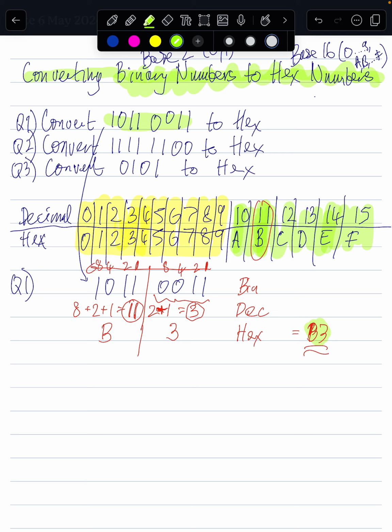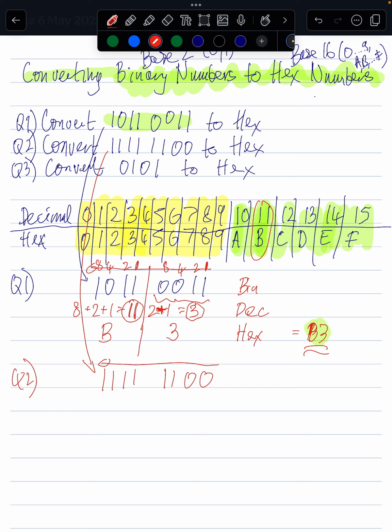Okay, so let us do question 2. We want to copy our binary number out. So 1, 1, 1, 1, and then it's 1, 1, 0, 0. And we want to split it into groups of 4 going this way. So that's a nice split there.